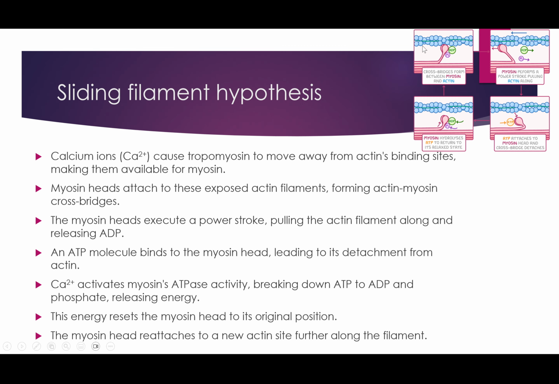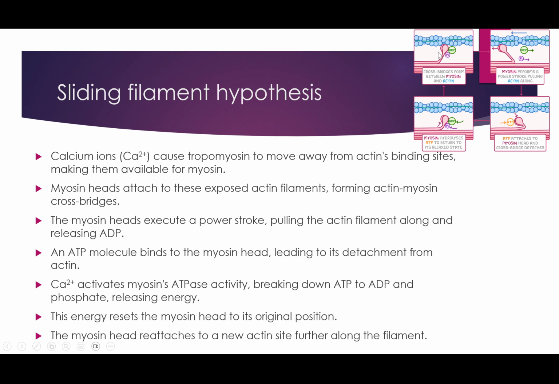So the tropomyosin, the green, would be here blocking the actin binding site. But when calcium binds to tropomyosin, the tropomyosin moves out of the way and reveals the actin binding site, making them available for myosin to attach.